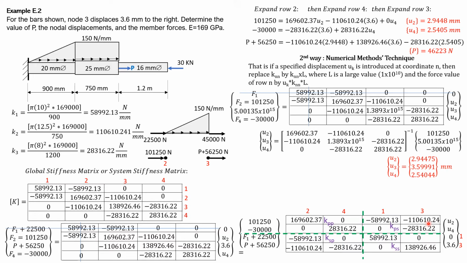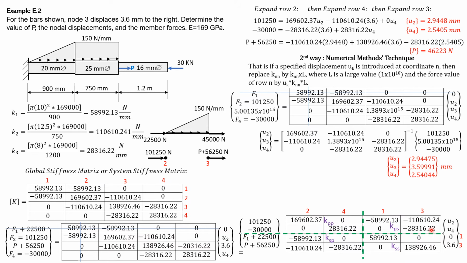Which is that. Then this is row 4, column 3, this one, negative 28,316.22.